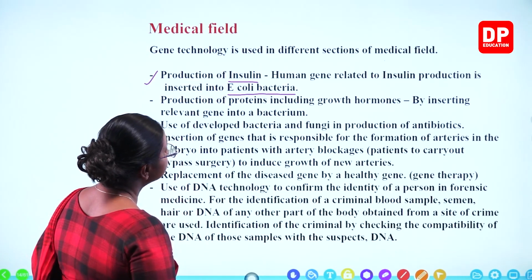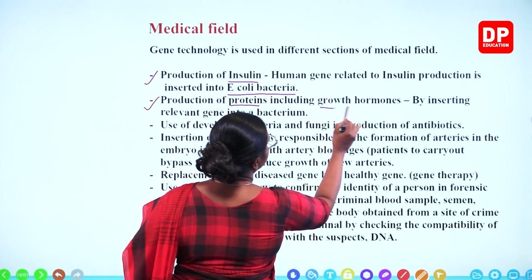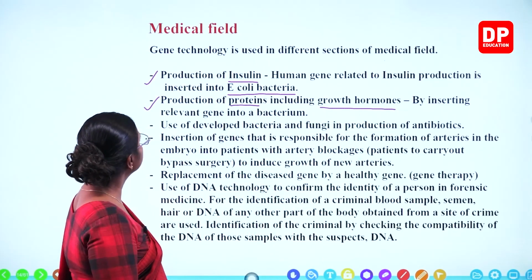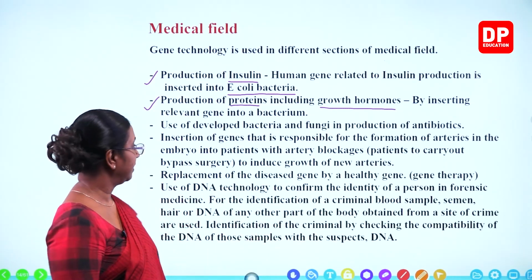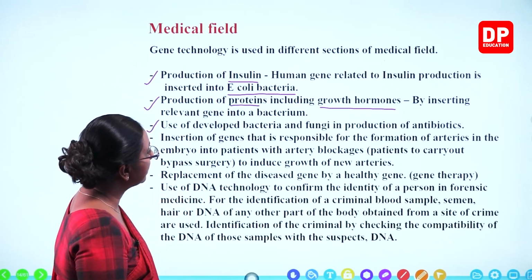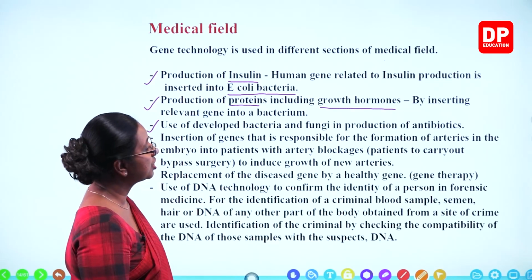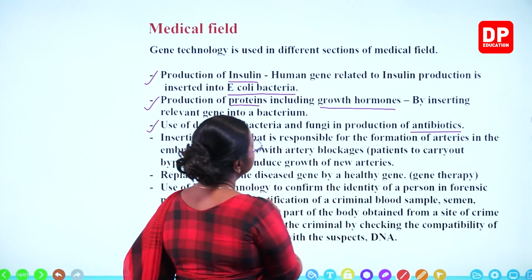Production of proteins including growth hormones, by inserting the relevant gene into a bacterium. Again bacteria. Then use of developed bacteria and fungi in production of antibiotics. So you all are familiar with all these terms.